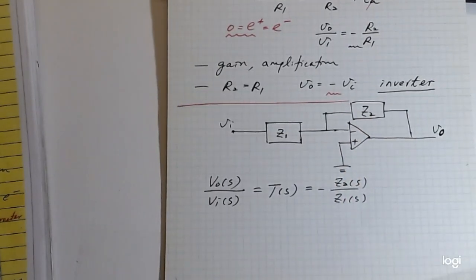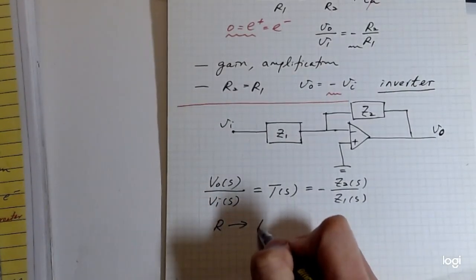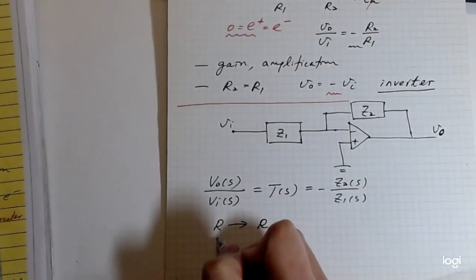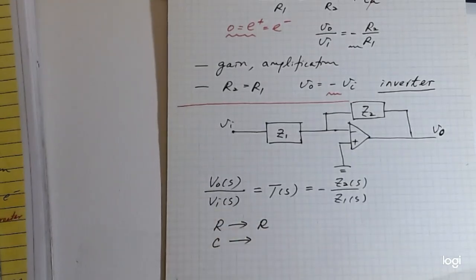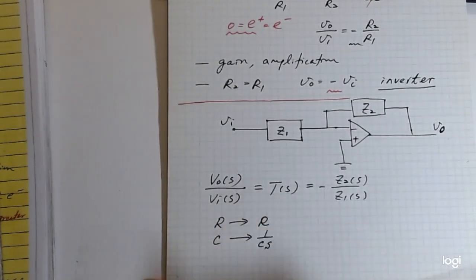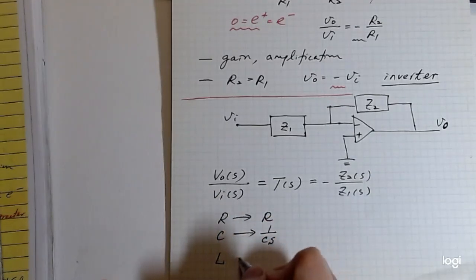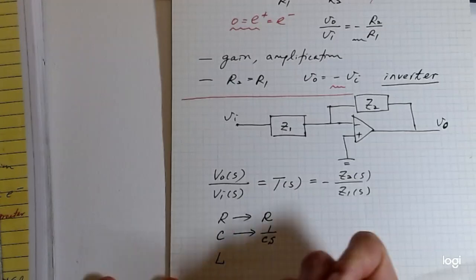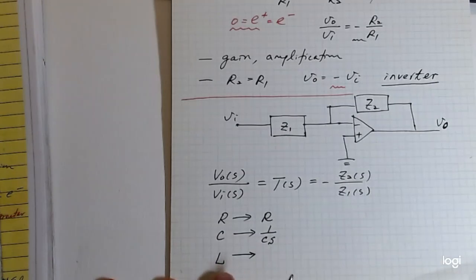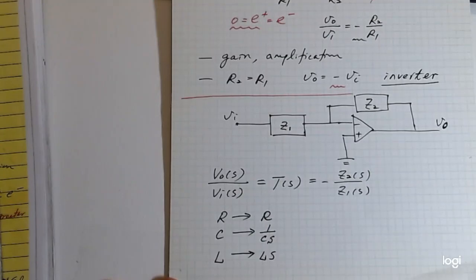Keep in mind that when we use impedance in the Laplace domain, resistive impedance is still R. Capacitive impedance will be 1 over CS. And the other one, inductance: even though we don't use inductors in op-amp circuits, in the general impedance concept, inductive impedance will be L times S.